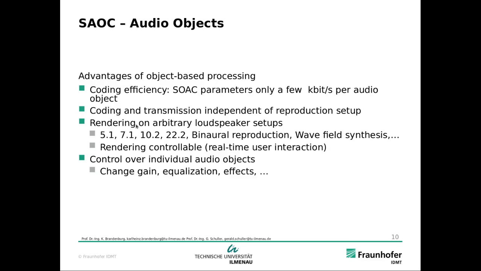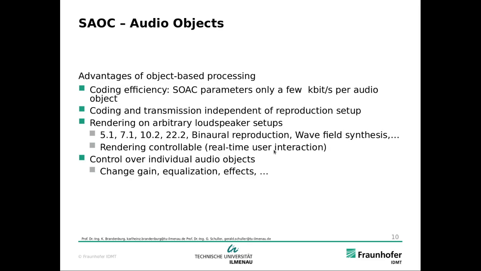So here we can have this rendering on arbitrary loudspeaker setups, so not just 5.1, 7.1, 10.2 or 22.2, but also binaural reproduction, which is headphones, and wave field synthesis, which is even more speakers. And the rendering is also controllable using real-time user interaction.